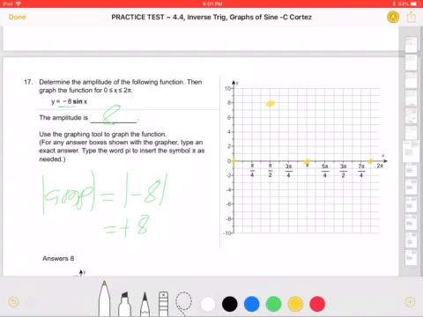And then between pi and 2 pi, halfway in between there, this should go down to -8. Because recall, this is sine. Simple. You had that worksheet on this too, so that should help.